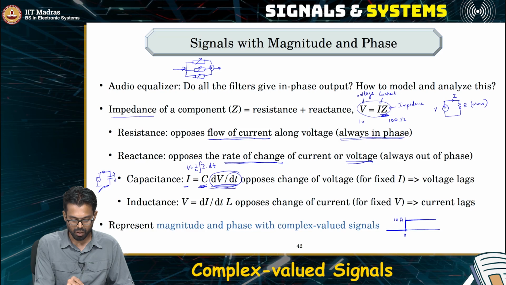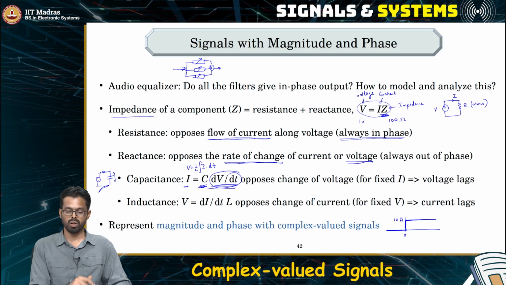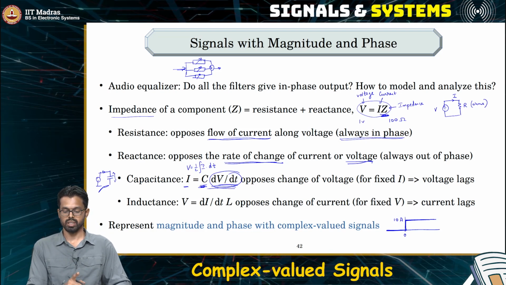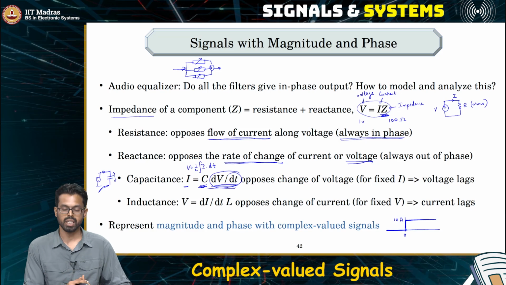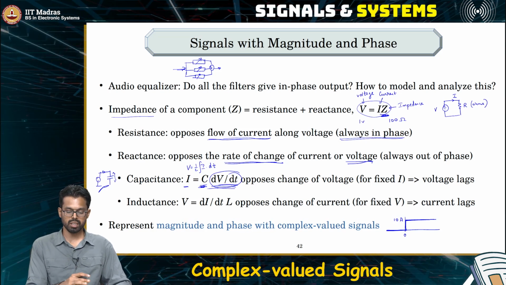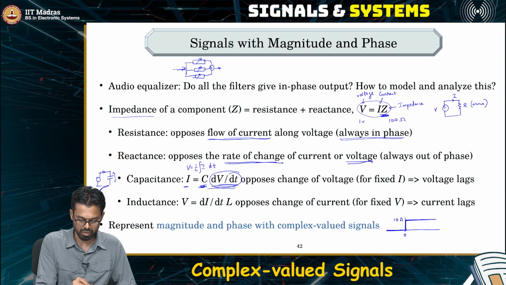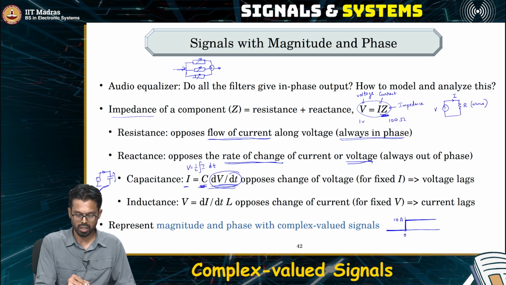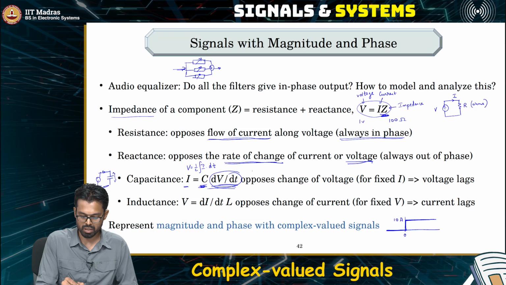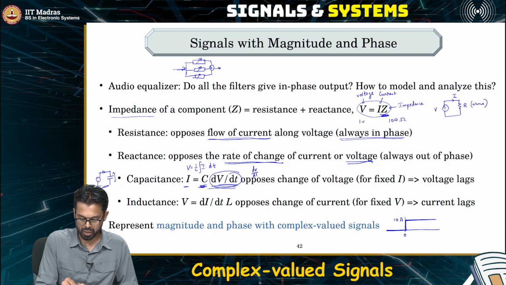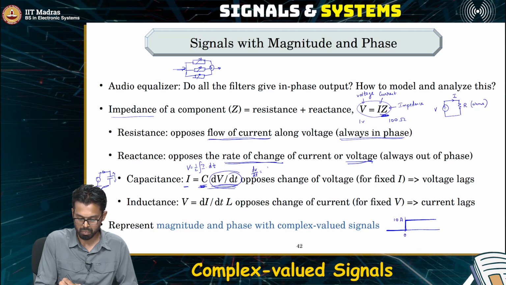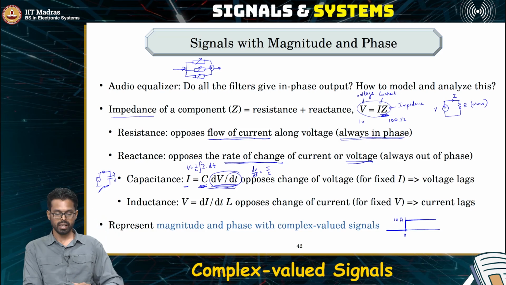But then, according to this equation, the capacitor will not let the rate of change immediately increase. So the rate of change is opposed by this capacitance value. So what would be the voltage across this capacitance? Now it will be obtained by integrating this equation.